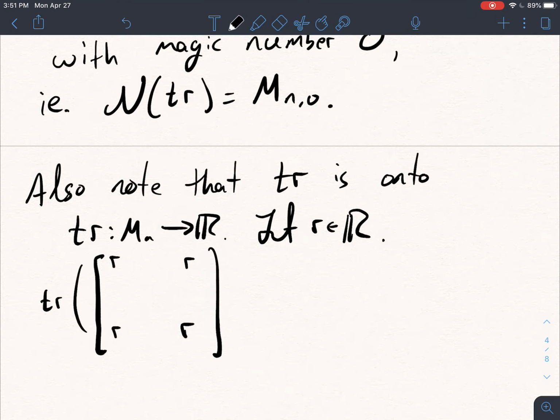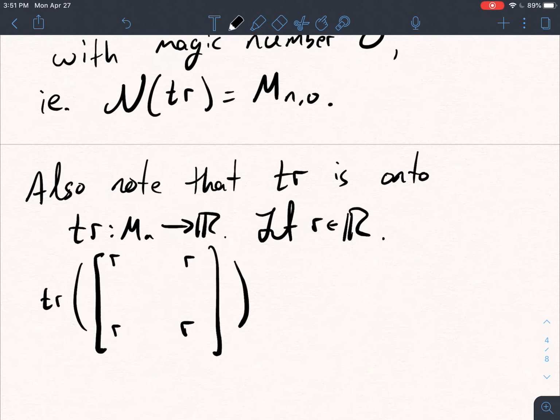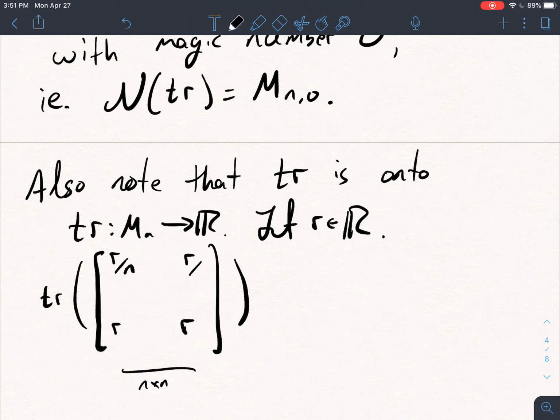So maybe you would think, okay, make each entry equal to r. What is the trace of that going to be? This isn't going to work, but the trace of the matrix where all of the entries are r would be the sum of the diagonal entries, and there would be n of them. So this would be n times r.